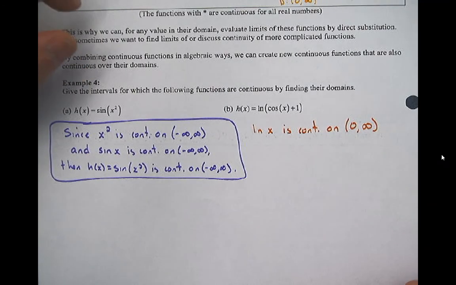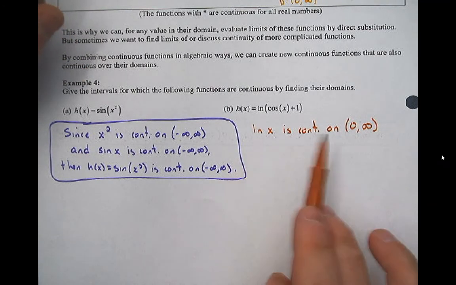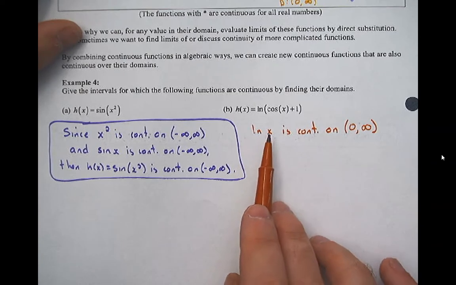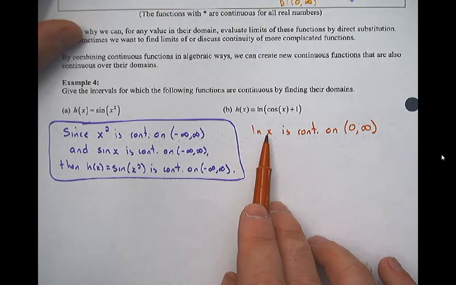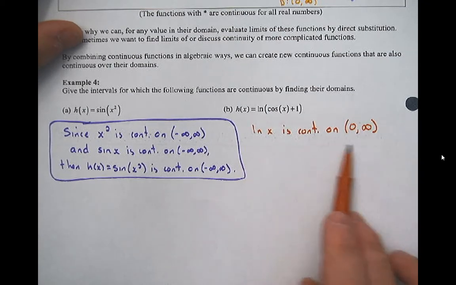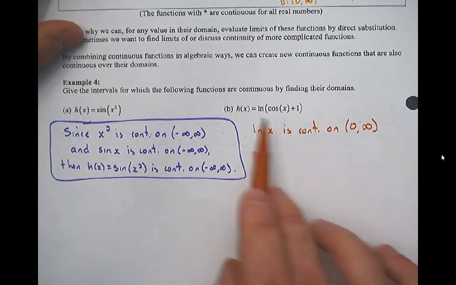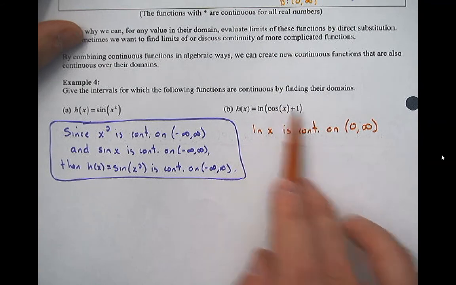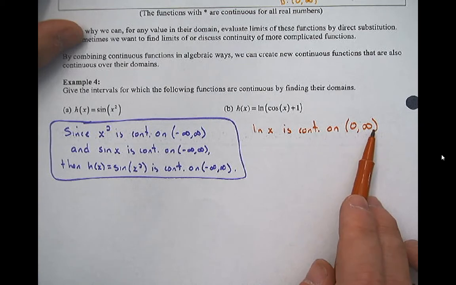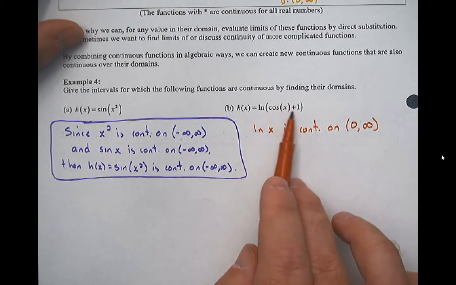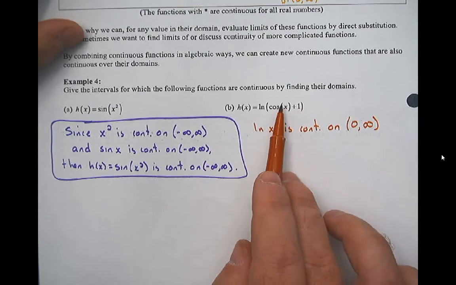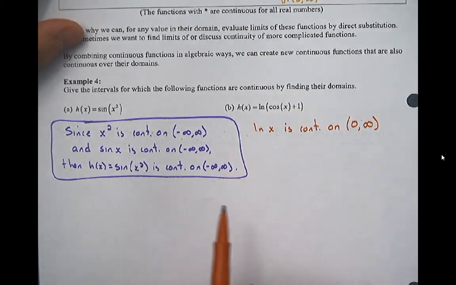What does that mean about cosine of x plus 1? Well, since cosine of x plus 1 becomes the x value, then cosine of x plus 1 must fit in this requirement. Whatever we put in here must be greater than 0. Well, cosine of x plus 1 is already in there, so that has to be greater than 0.